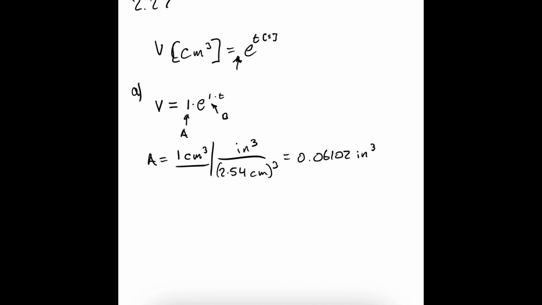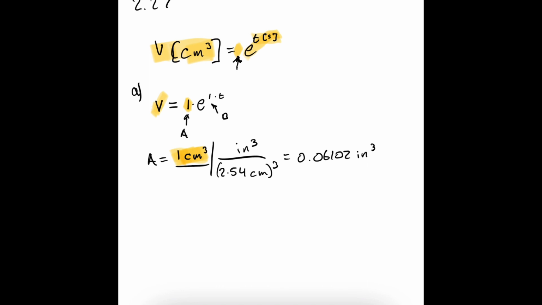We know that A has the same units as the volume because the exponential term cannot have any units. Exponents cannot have units, so e raised to the exponent has no units. That's why we know there's a coefficient here equal to 1 that has the same units as the volume. So 1 centimeter cubed is equal to A.